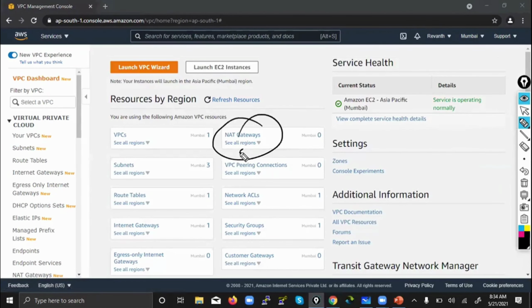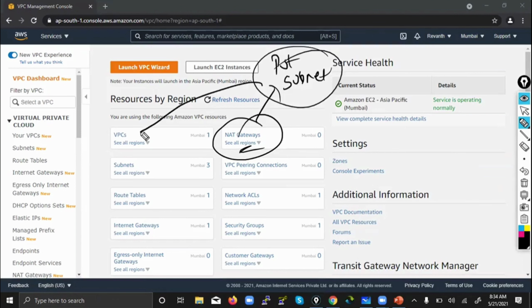Even though the NAT gateway is not there, how is everything working in the VPC? Because first of all, there is no private subnet in a default VPC. When a private subnet is not there, is there any use of a NAT gateway?